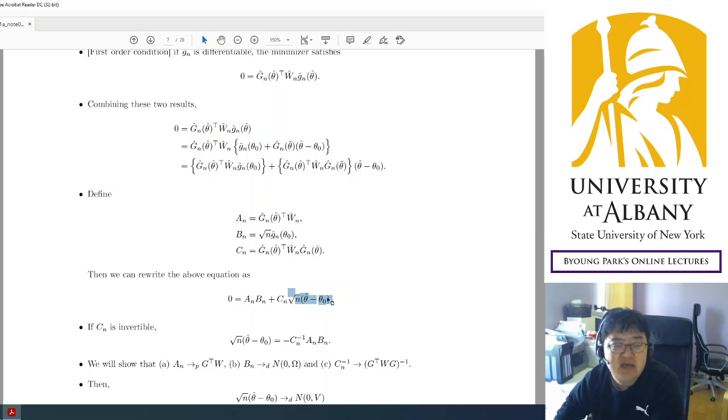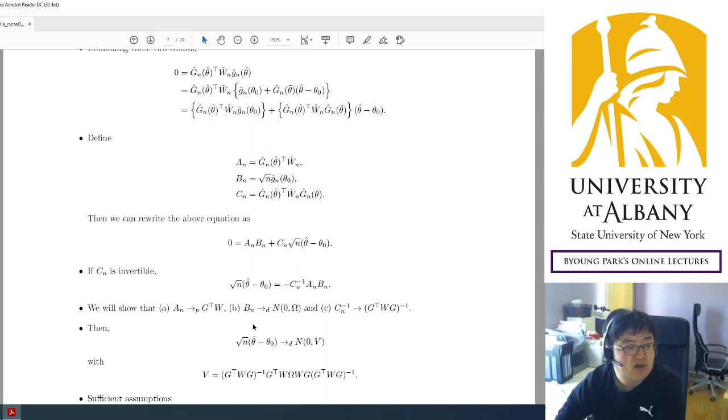A and C converge in probability to some constant matrices, and B converges to some normal distribution. So if Cn is invertible, then exactly this is what we did in the previous chapter. So in that sense, from here, it's pretty much the same.